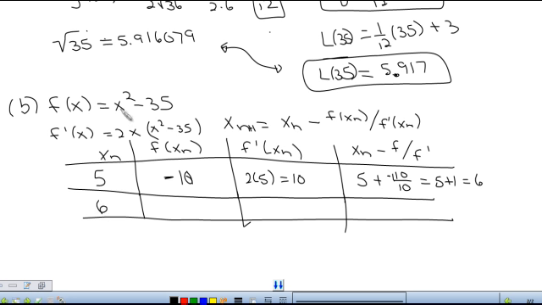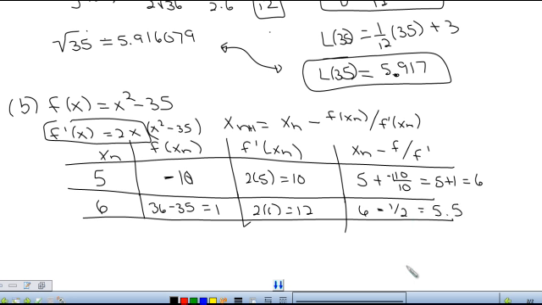So as I substitute 6 here, I get 36 minus 35, which is 1. If I substitute 6 into the derivative, I get 2 times 6, which is 12. So now I'm going to have 6 minus 1 twelfth, which is 5.9167. Let's do one more.